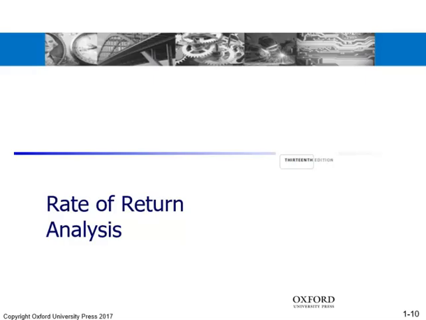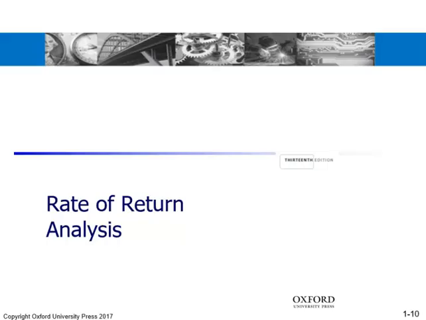We learned present value analysis. We learned annual cash flow analysis. And now it's turn for rate of return analysis. And you should be well aware now of what it is about.